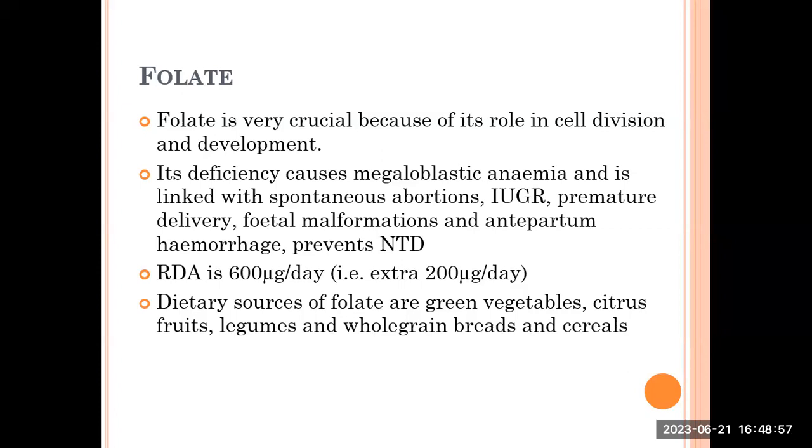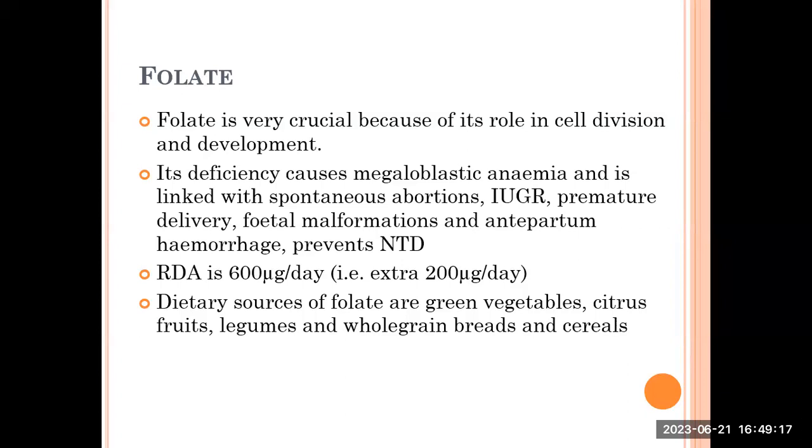Folic acid plays a very crucial role here. Together with vitamin B12, it plays crucial roles in the metabolic processes where proteins are formed and DNA is synthesized.